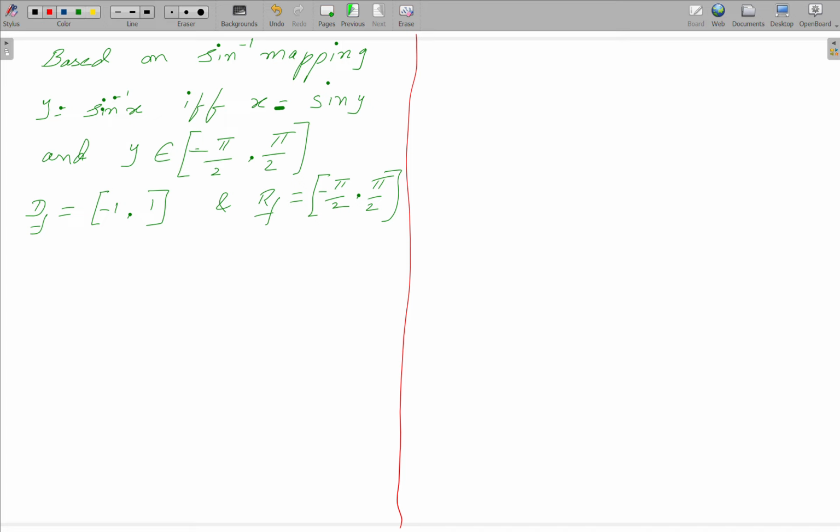Now the second one, inverse cos function. Now let us draw the graphical table and graph for the cos function.